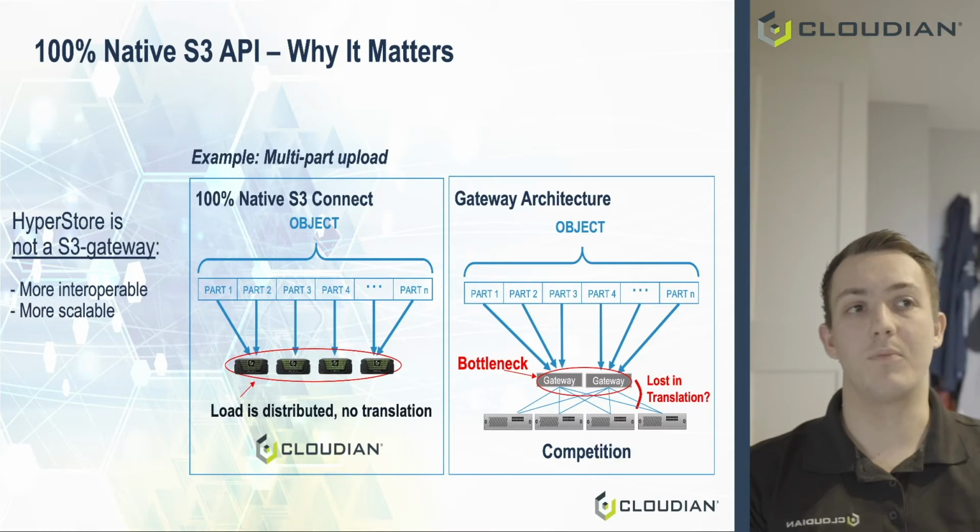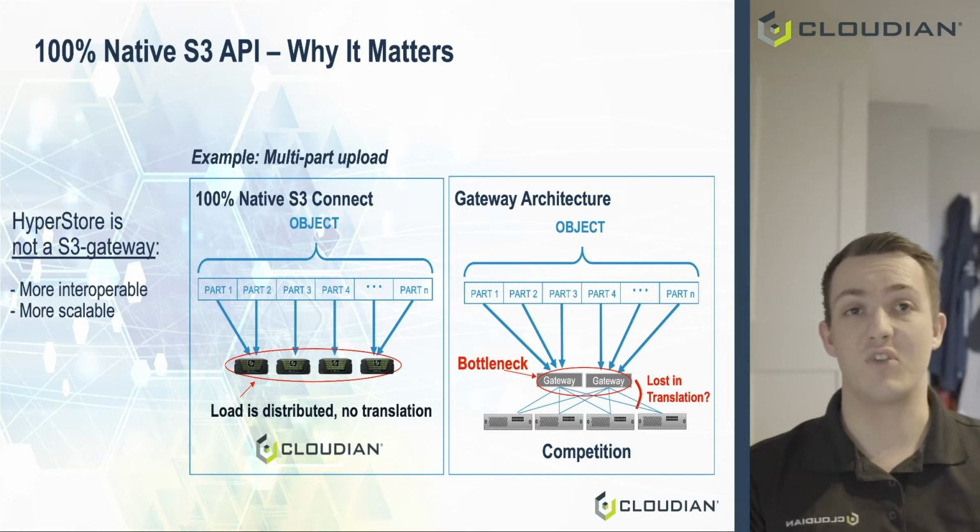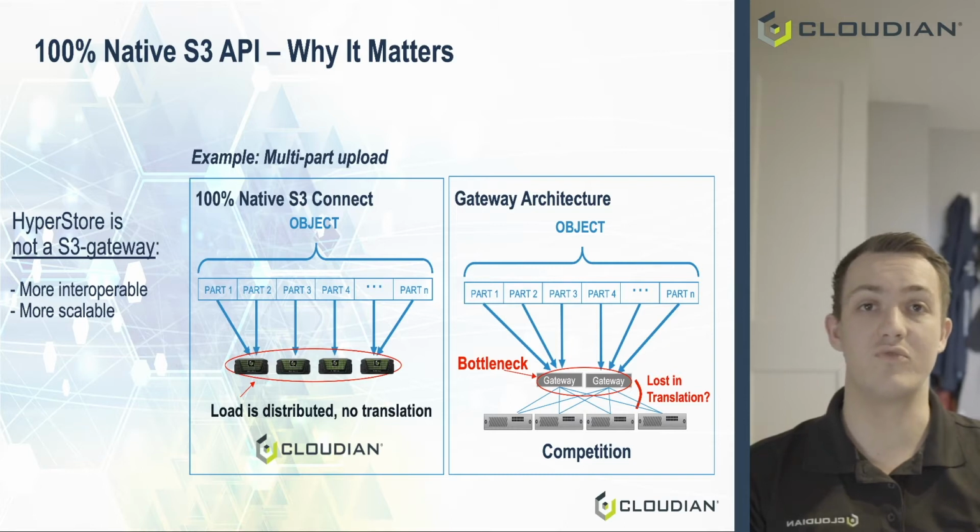And why being S3 native is so important is because if you're not S3 native, you can struggle with some of the API sets of Amazon S3. Amazon S3 is composed of over 400 different API calls, but to actually get that S3 stamp, you really just need to be able to do three S3 API calls: a put, a get, and a delete.